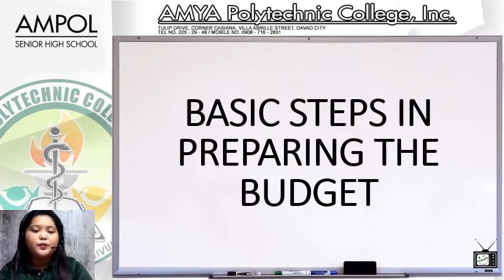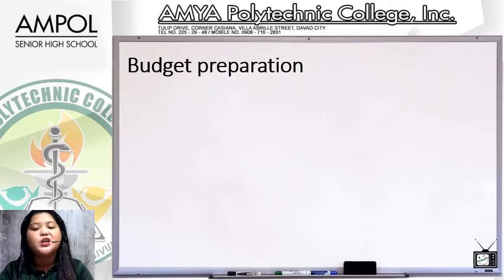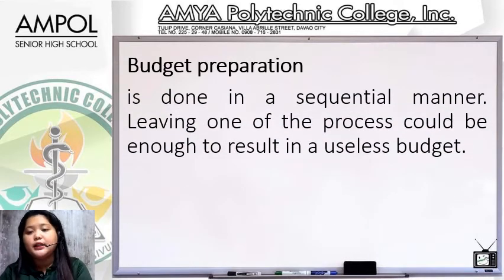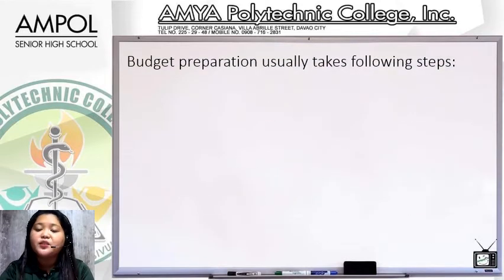In the basic steps in preparing the budget, of course, we are going to discuss budget preparation. When you say budget preparation, it is done in a sequential manner. Leaving out one of the processes could be enough to result in a useless budget. Budget preparation usually takes the following steps.